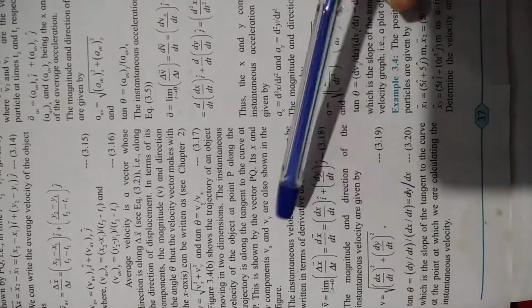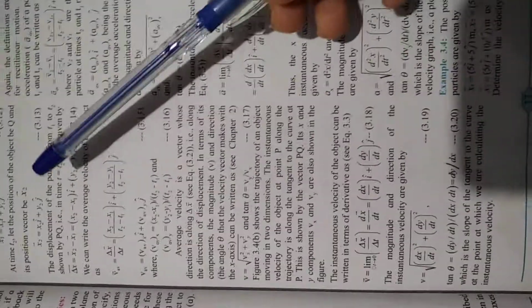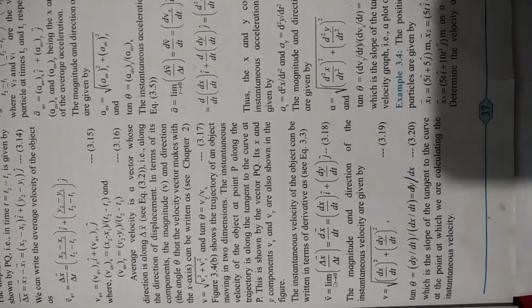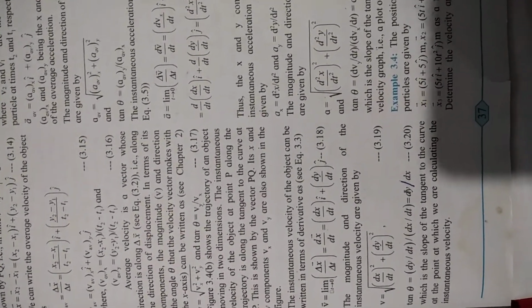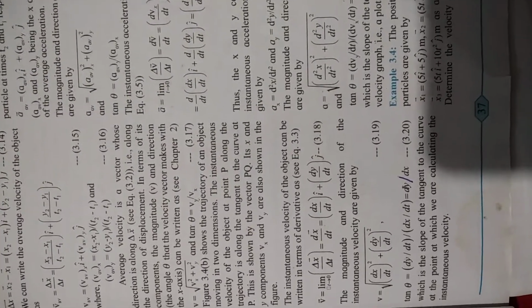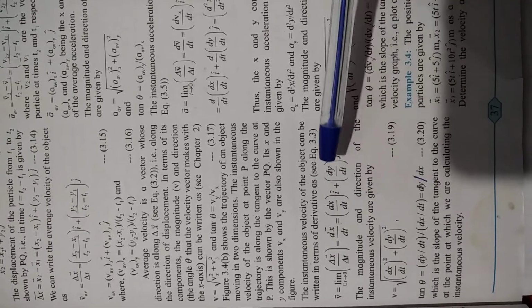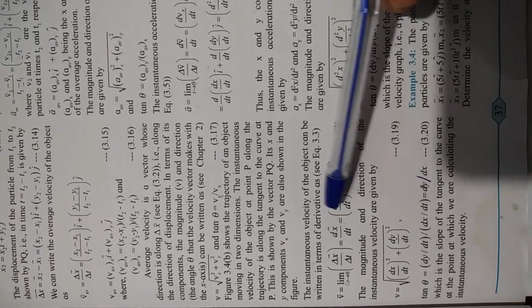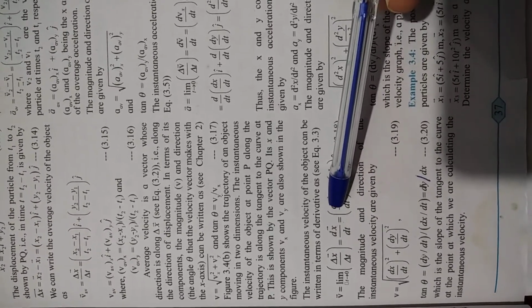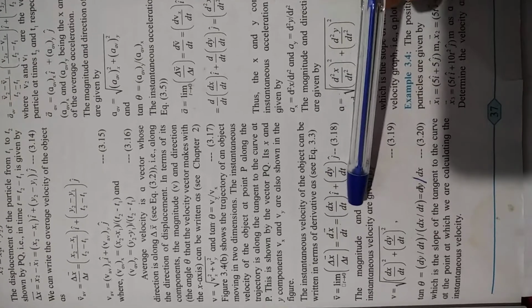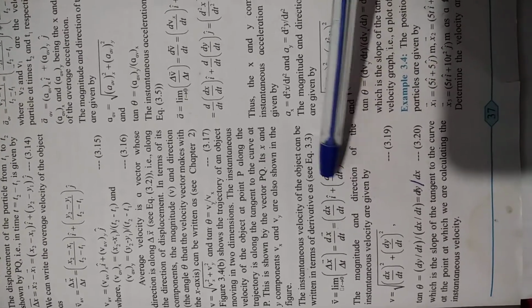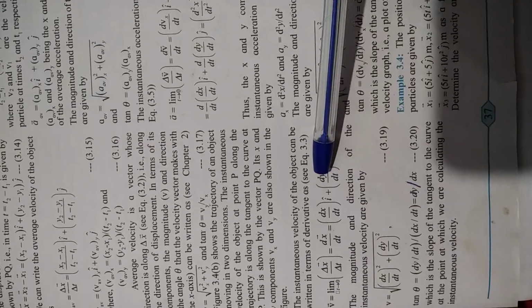Taking the derivative, we get dx upon dt i plus dy upon dt j: the derivative of the displacement along the x-axis, dx by dt, and along the y-axis, dy by dt.